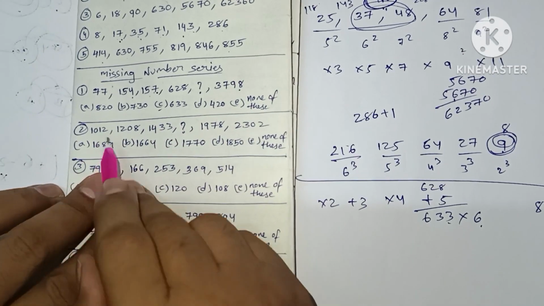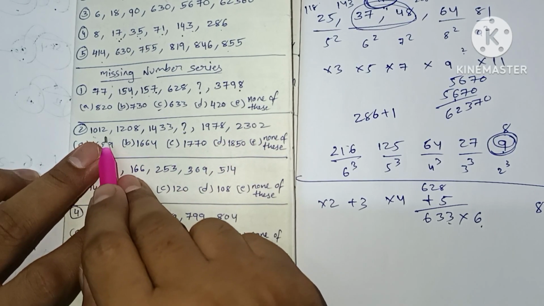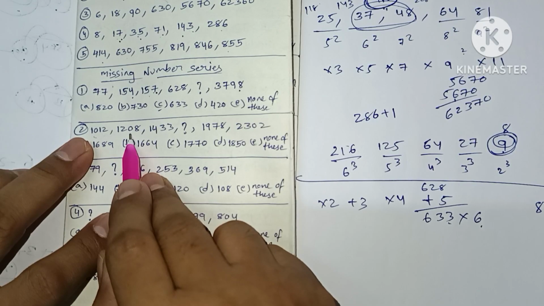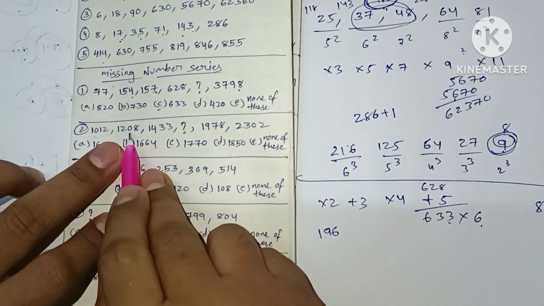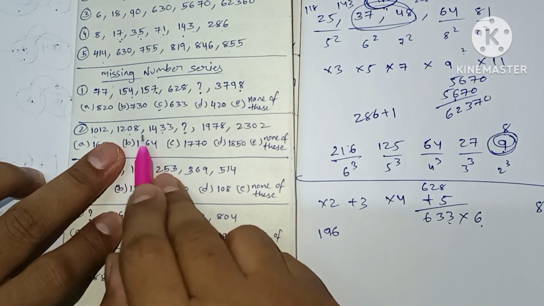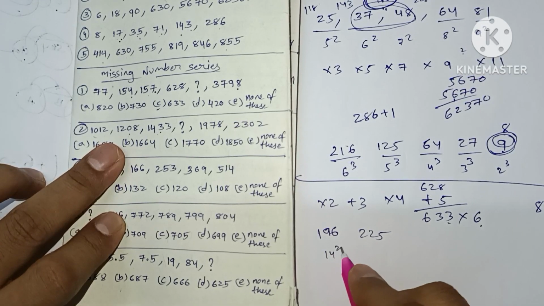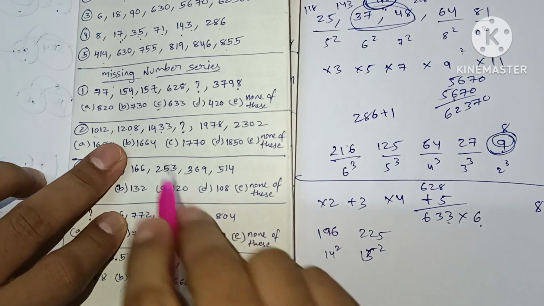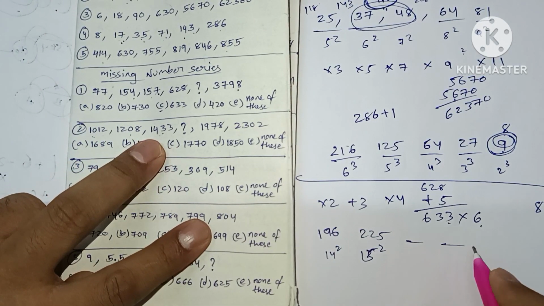Next question, 1012, 1208. These numbers are slightly varying, so we'll go with the differences here. The difference between these two numbers is 196. The difference between the next two is 225. So it is clear that it is 14 square, 15 square. Next one, dash and dash.